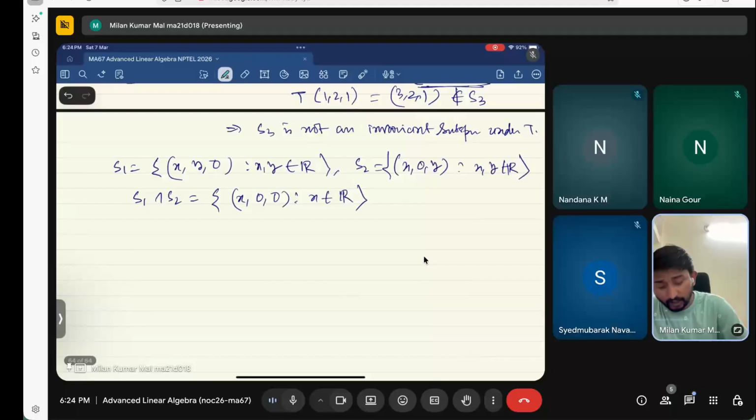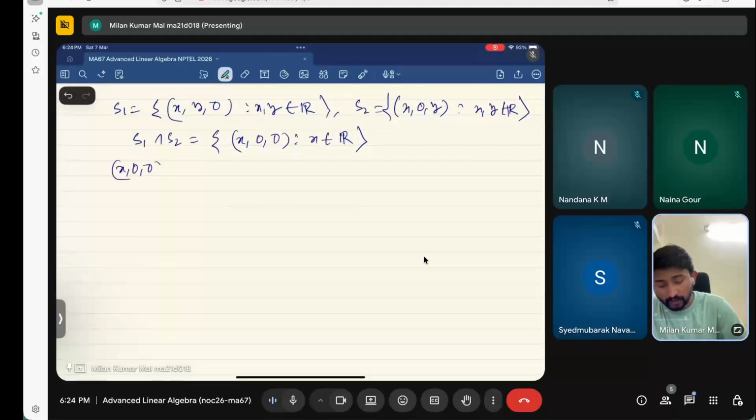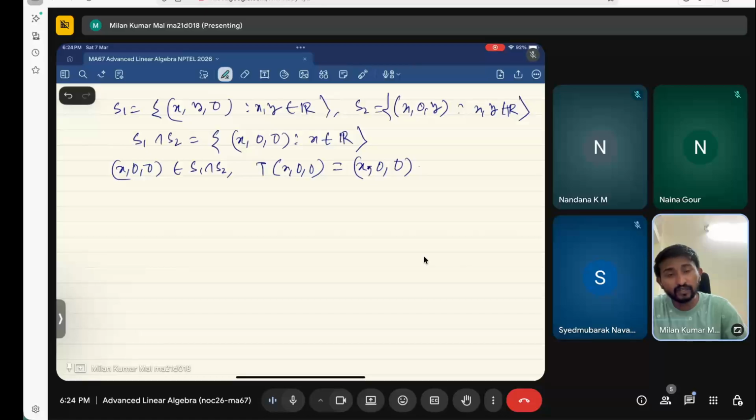Now check: if an element (x, y, 0) is in S1 intersection S2, then T(x, y, 0) is mapped by the formula to (x + y, 0), that is (x, 0). So T actually becomes the identity operator on S1 intersection S2, and the image clearly belongs to S1 intersection S2.